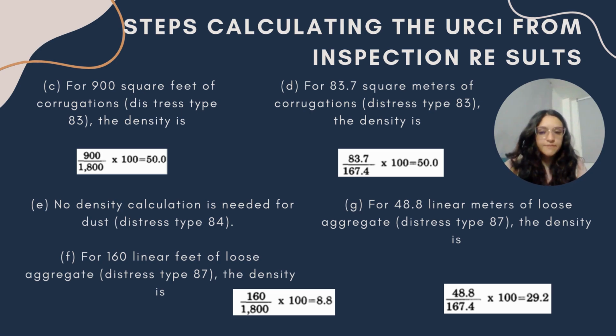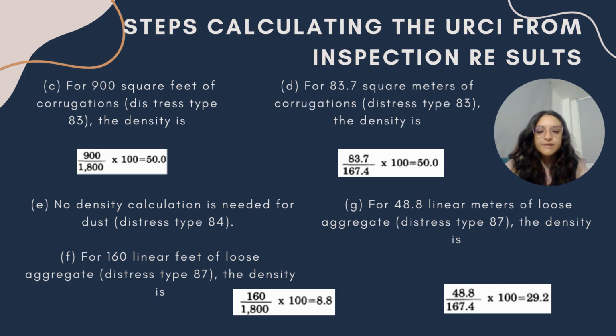In case C, for 900 square feet of corrugation, distress type 83, the density is 50. And D, for 83.7 square meters of corrugation, distress type 83, the density is the same, 50.